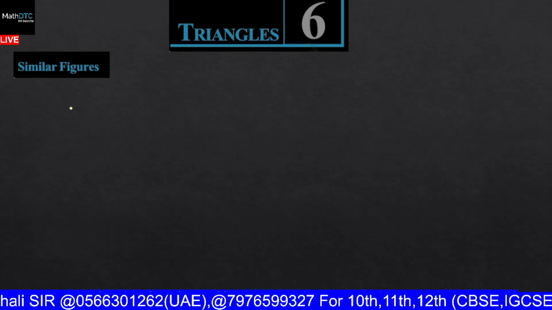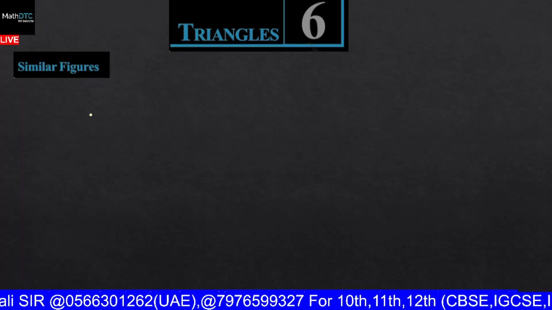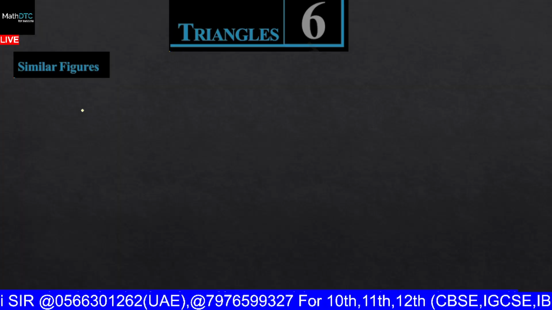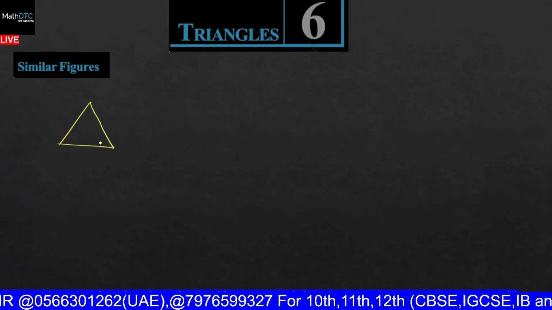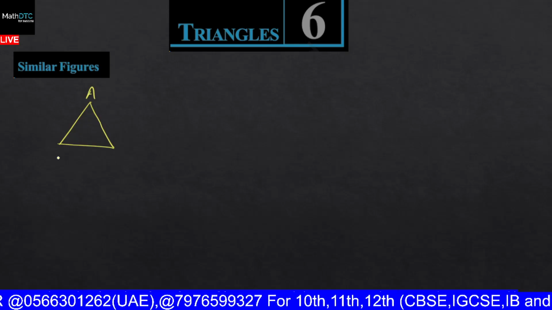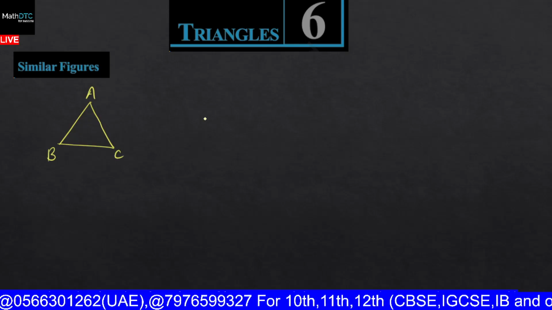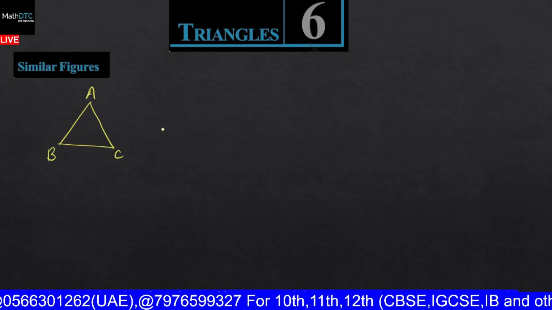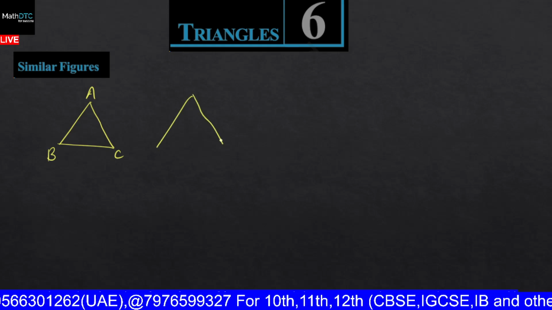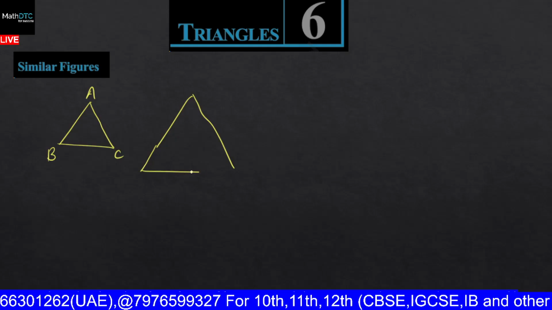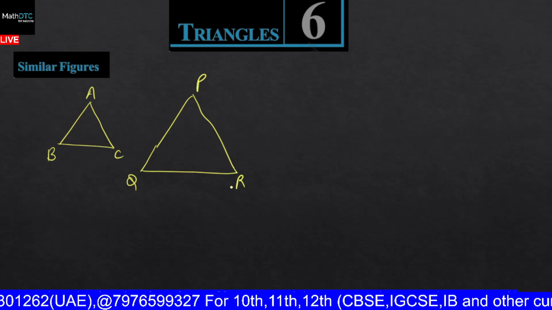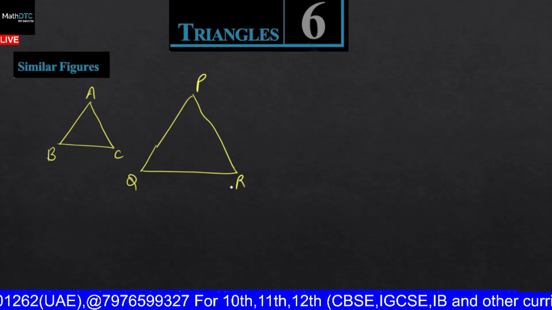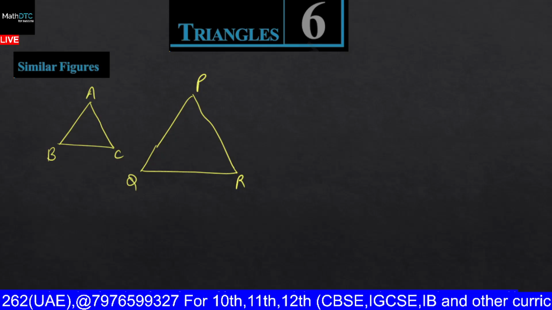Suppose we have a figure like a triangle or circle, we can discuss. I have a triangle, one triangle like A, B, and C, and the other, a different triangle, like P, Q, and R. So you can see here both triangles.